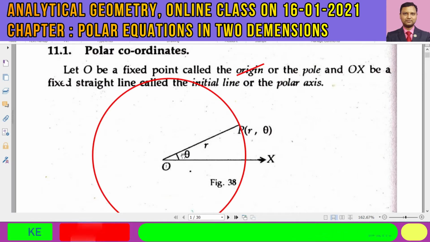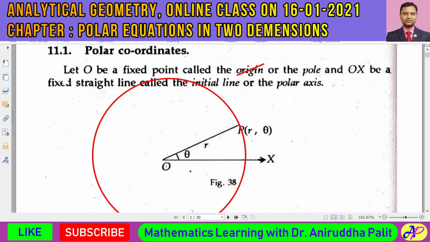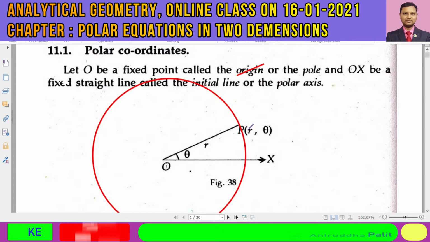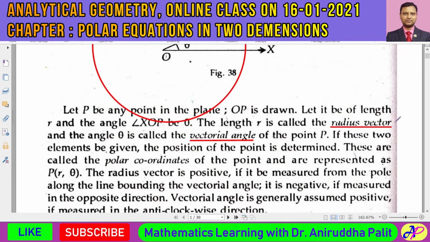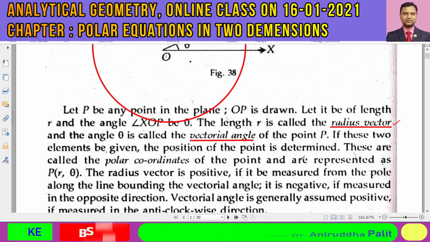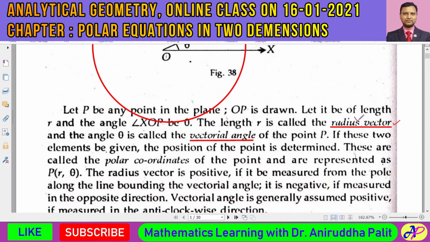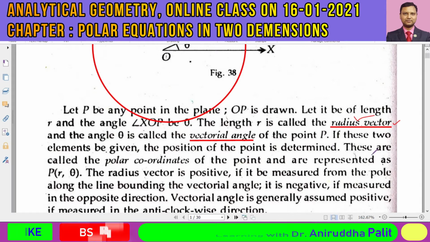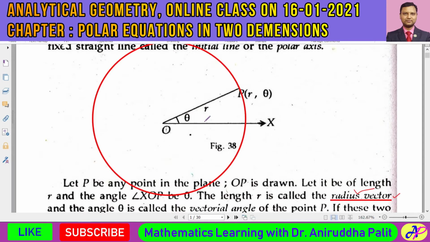In that case, this distance is called the radius vector of the point P. This is the idea of the radius vector of the point P. And the angle made by the straight line OP, with the measurement of the angle starting from the initial axis in the anti-clockwise direction, is denoted by theta, and it is called the vectorial angle.